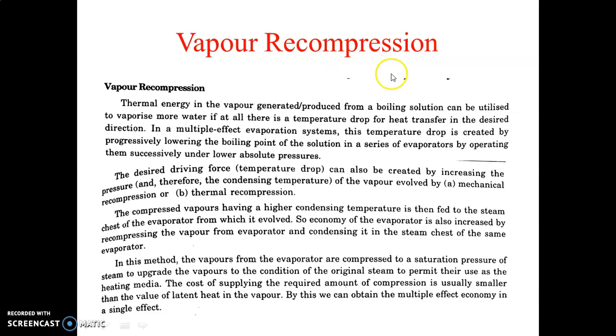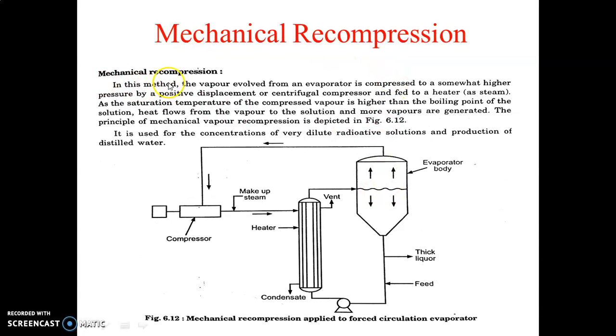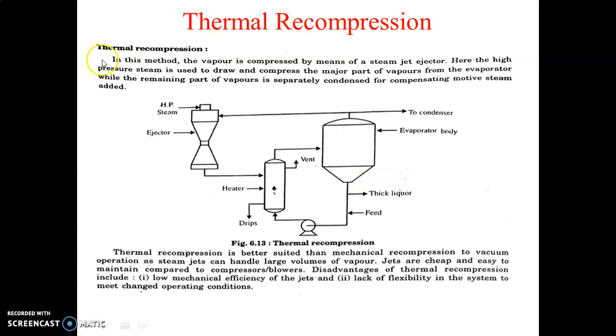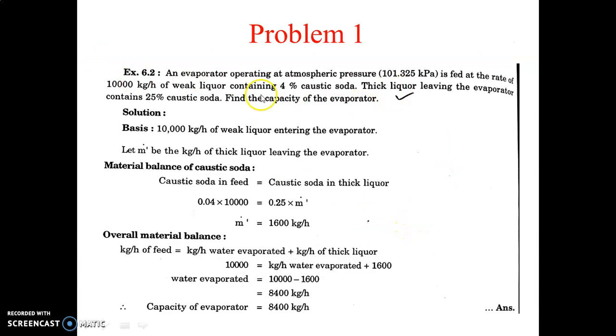Then we discussed vapor recompression, both methods, that is mechanical recompression and thermal recompression. After that I discussed one problem which is based on material balance and how to calculate the capacity, that means kg per hour of water evaporated in the evaporator. The remaining part we will discuss in the next lecture. Thank you.